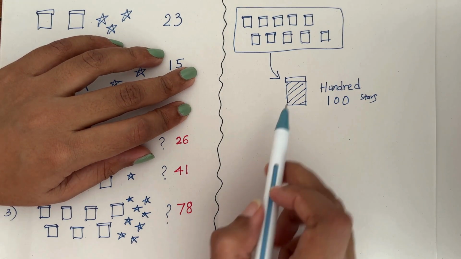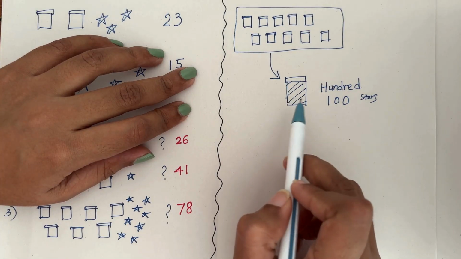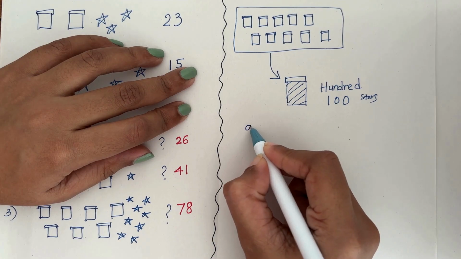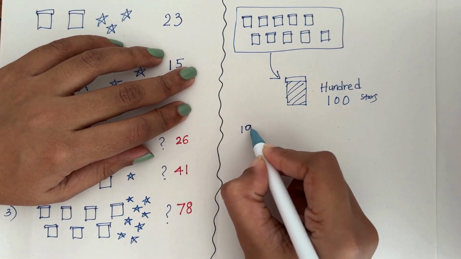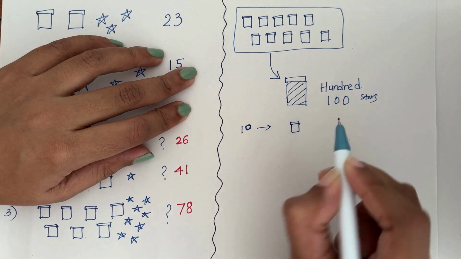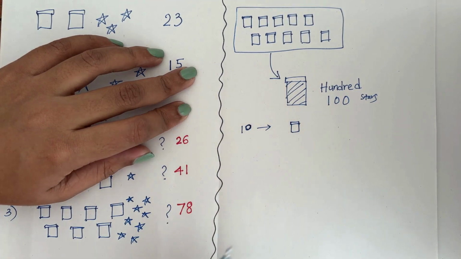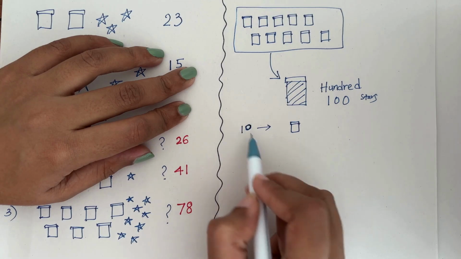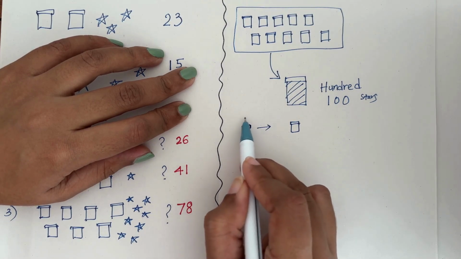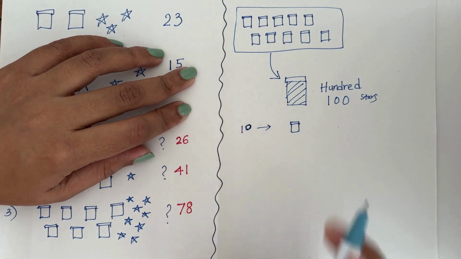Okay, so just keep in mind that if we have 10 stars, what do we do? We put them into a small box because we can't keep 10 single stars alone. Therefore, if we have 10 single stars, we put them into a box.